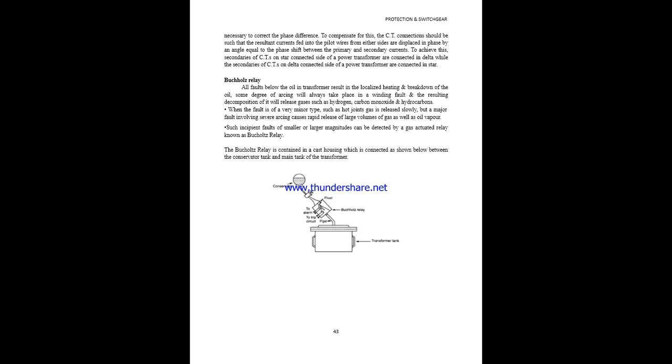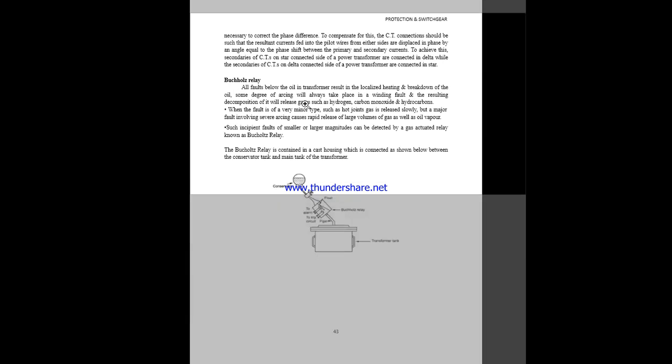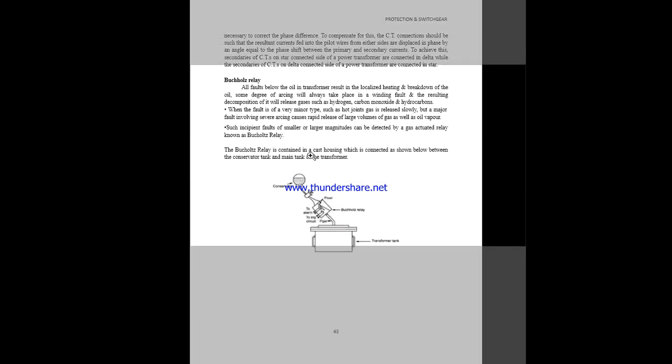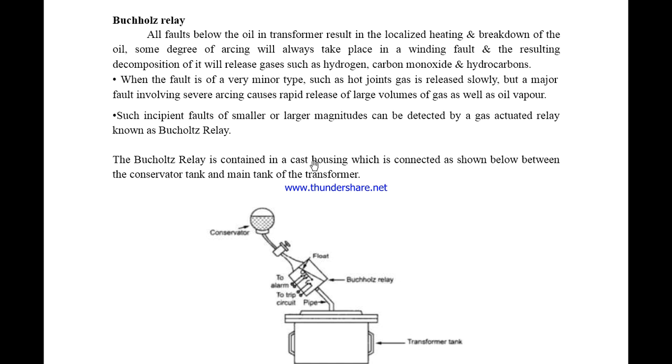Next one is the Buchholz relay. Actually, the Buchholz relay is a container. A fault below the oil level in the transformer results in the decomposition and breakdown of oil. Some degree of arcing will always take place there.